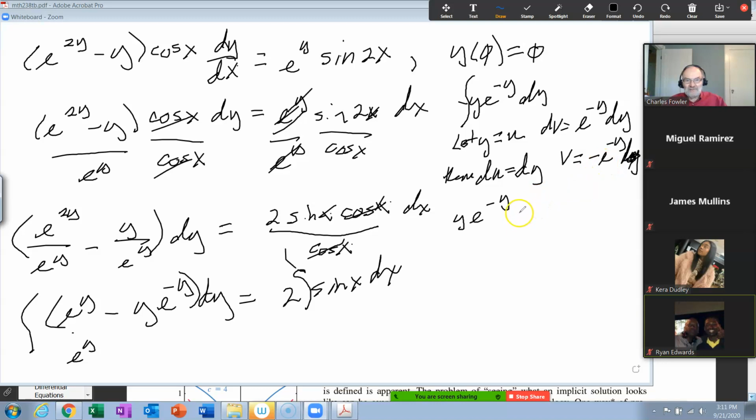There's three of them, so don't leave it a minus. The integral of the bottom line here, that is e to the minus y dy. That dy comes down here. Okay, that will give us y e to the minus y.